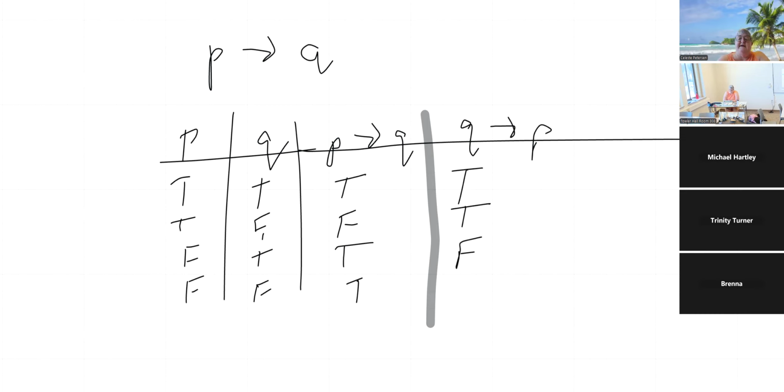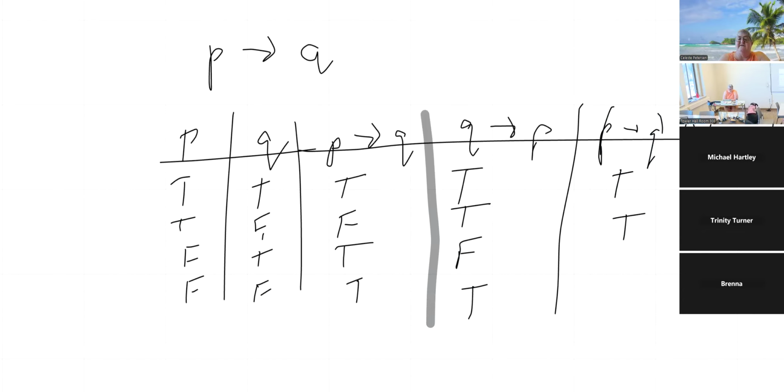So if I did P then Q and Q then P, true, true is true, false, true is true. Oh, no, excuse me, it's an and. True, true is true, false, true is false, true, false is false, and false, false is true.